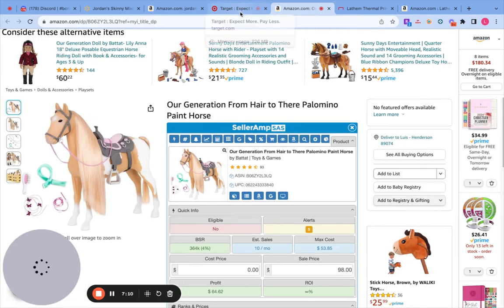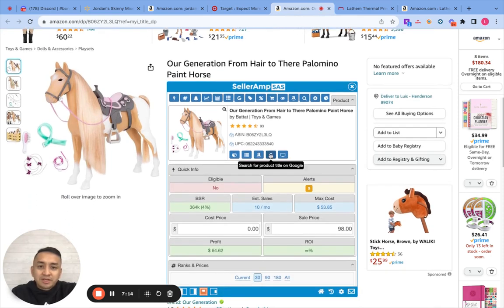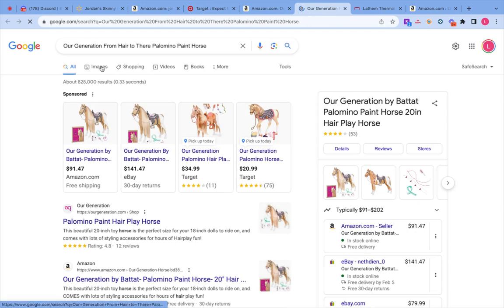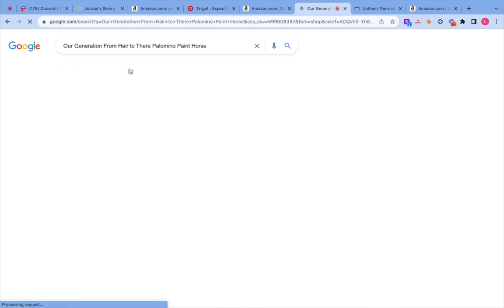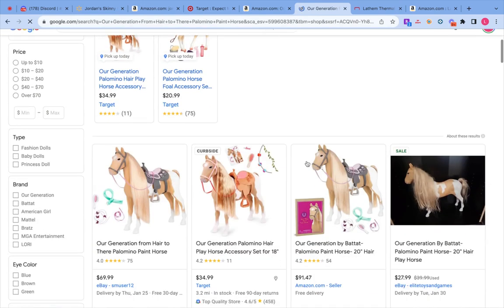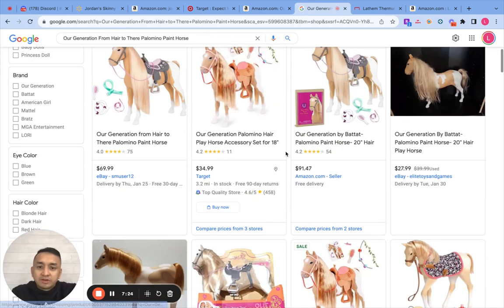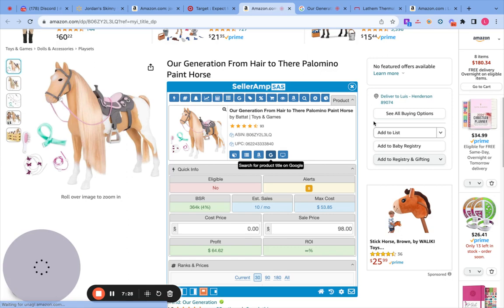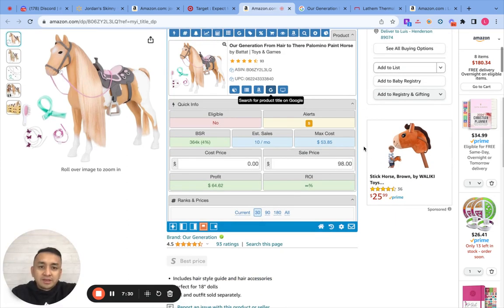Again, if you want to search another website, I would click here on Google, and then go to shopping right there, and look for this exact same product with a max cost of about $53, which means I'm going to look for products that are $53 or less.